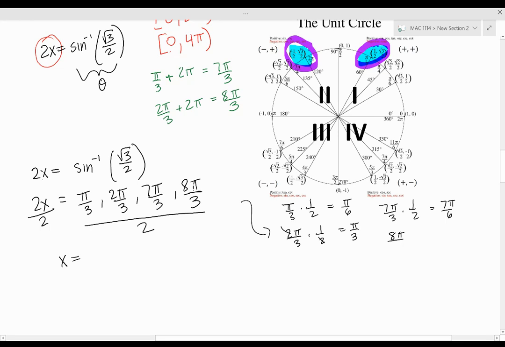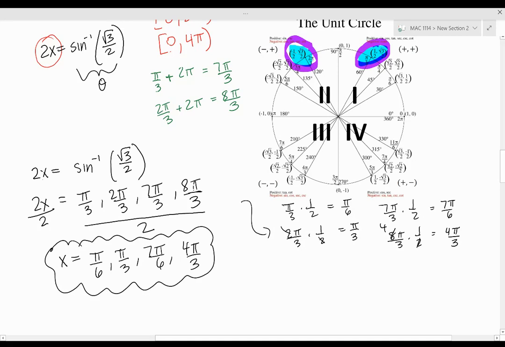And 8 pi over 3 times a half would reduce to 4 pi over 3. So those are my 4 answers: pi over 6, pi over 3, 7 pi over 6, and 4 pi over 3. Those are your 4.